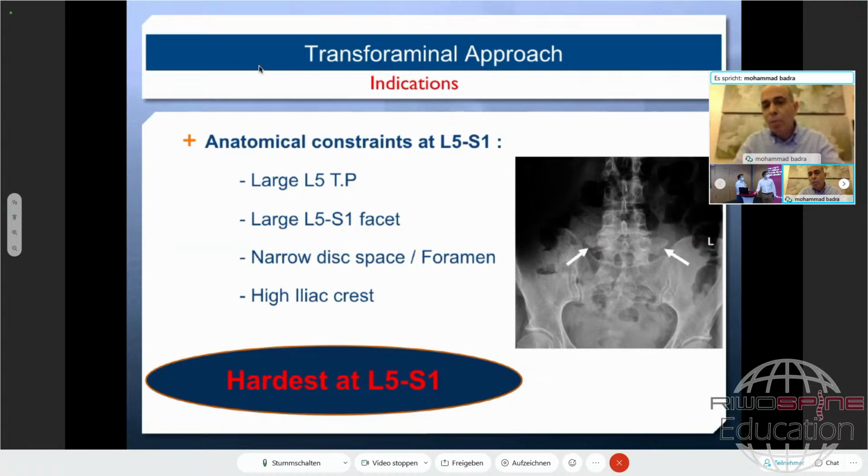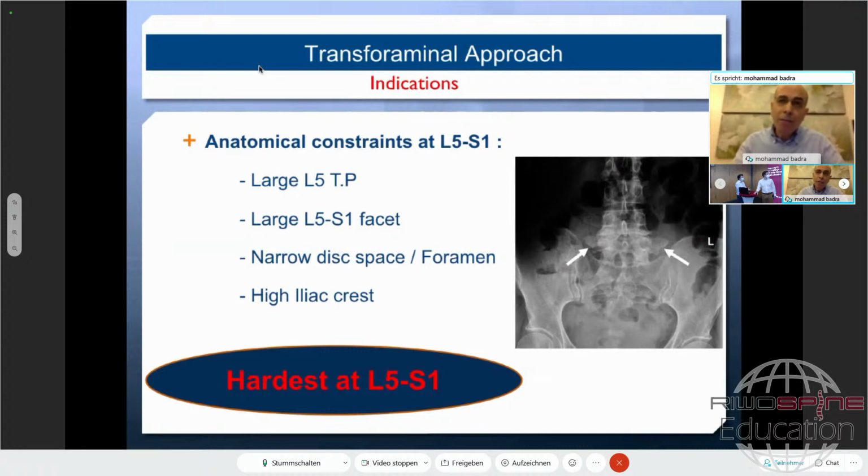Because of some anatomical constraints, like the presence of a large TP at L5, the presence of a large facet, the narrow foramen, and the presence of a high iliac crest, all of these anatomical factors make the transforaminal approach at L5-S1 hardest.